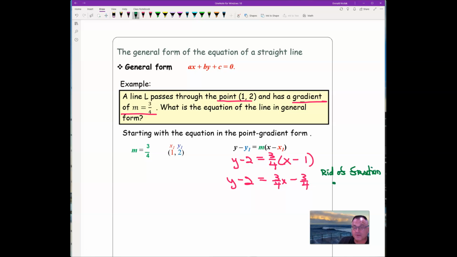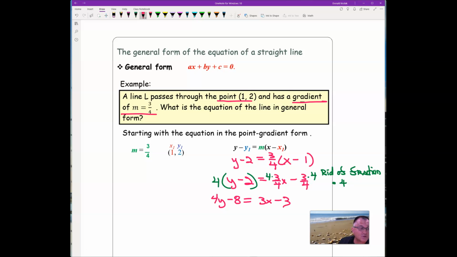So I'm going to multiply everything by 4. Alrighty, 4y minus 8 equals 3x minus 3.